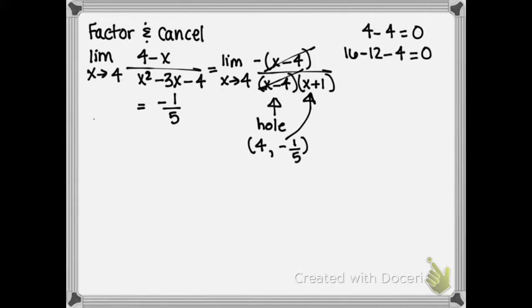So this graph looks like the function negative 1 over x plus 1, which is related to the graph of 1 over x, except it was shifted 1 unit to the left, and it kind of flips to the opposite quadrants. So our graph kind of looks like this.